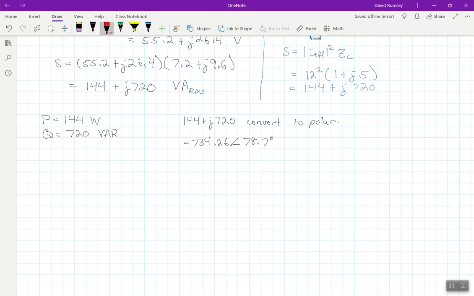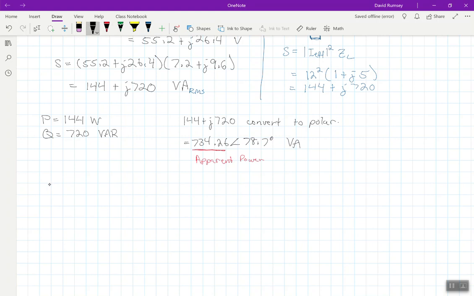Now, what's really important here is this here is my apparent power that's on the load. So the apparent power is 734.26, and again this would be volt amps.